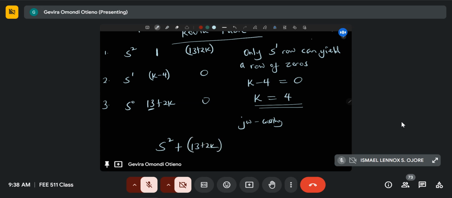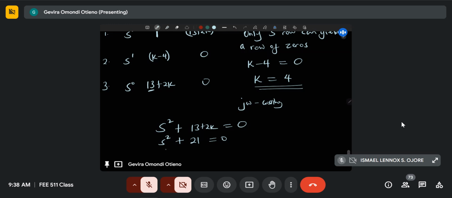We know this is the coefficient of S to power 0, but S to power 0 is 1, so I don't have to write it like that. Okay, should be equal to 0. But K is 4, so we have to write this again as S squared plus 4 times 2, that's 8, so I think 21 should be equal to 0.